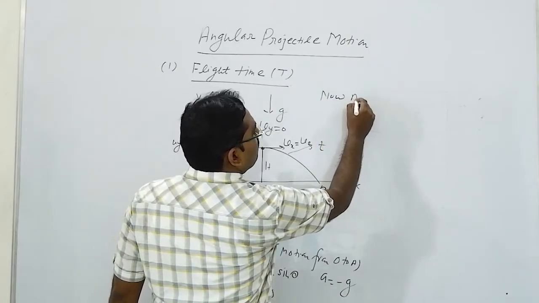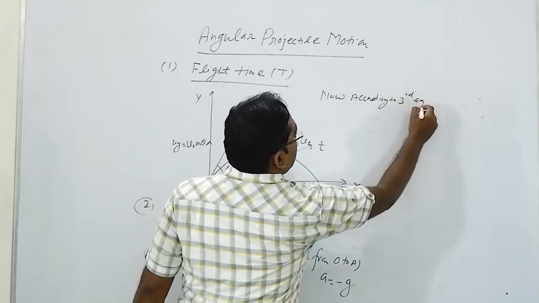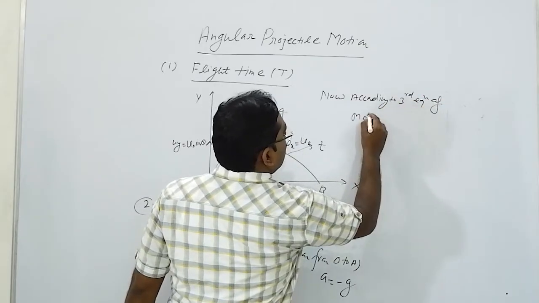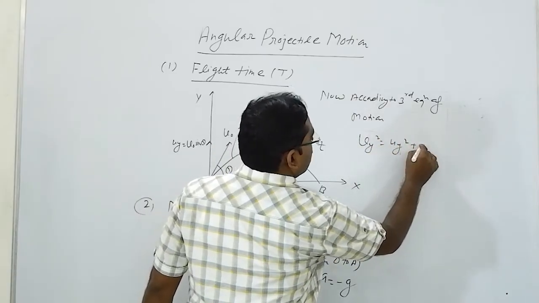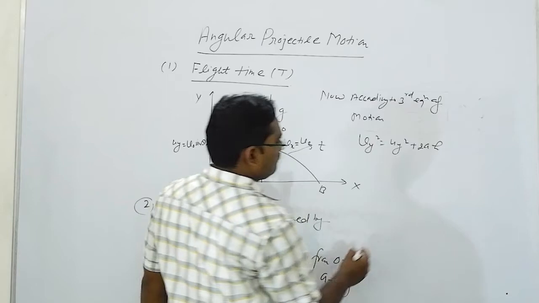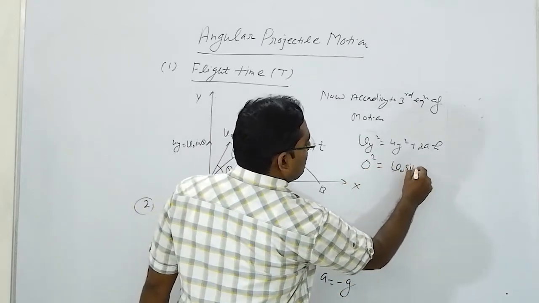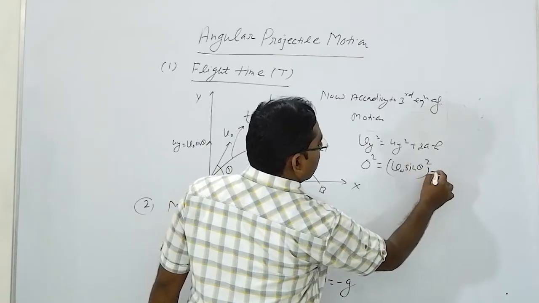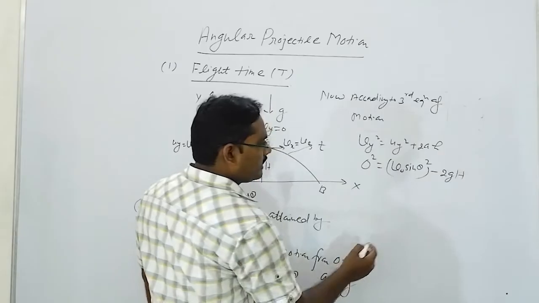According to the third equation of motion, Vy square equals uy square plus 2ah, and the final velocity is 0. So 0 equals v naught sin theta whole square minus 2gH.